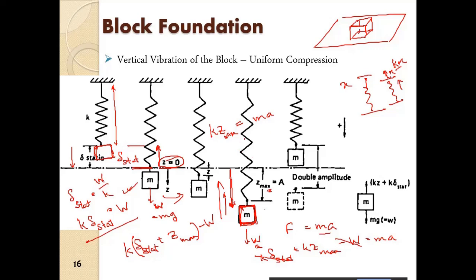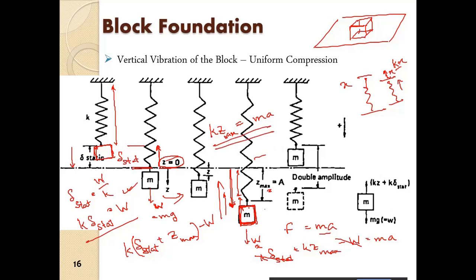Now what will happen as this mass moves? The spring will exert a force, so the mass will go up. When it goes up, the displacement will reduce. So we can generalize this equation.